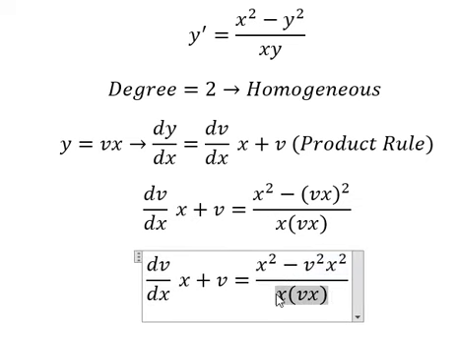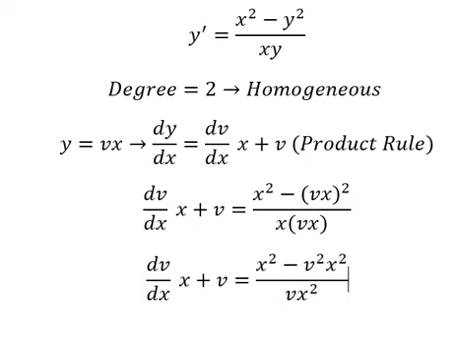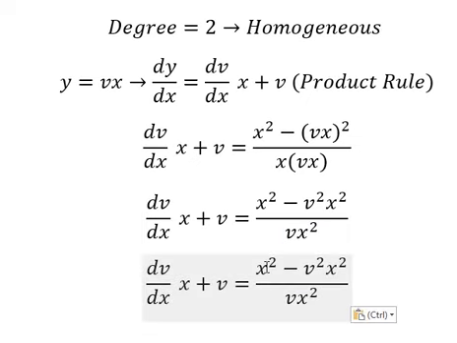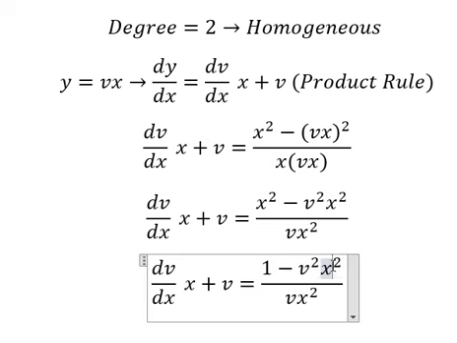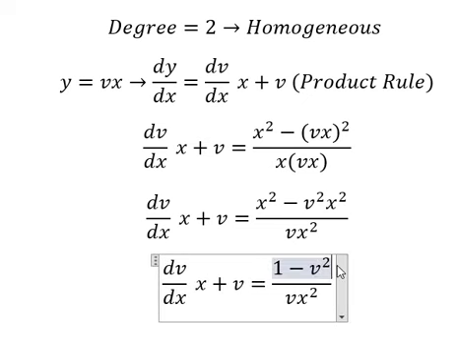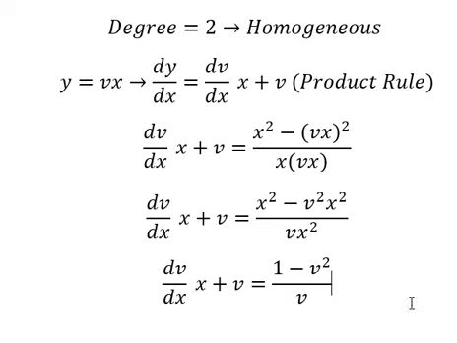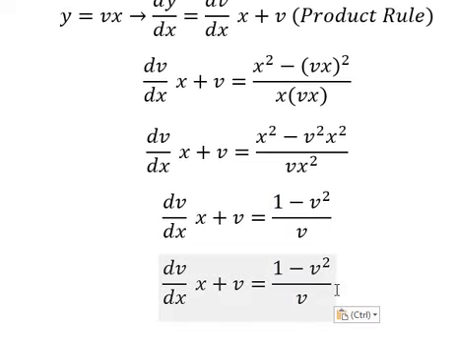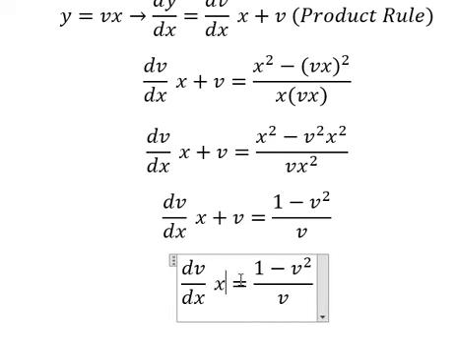This one we have vx squared. Now we need to simplify x squared on numerator and denominator. So v I will put on the right.